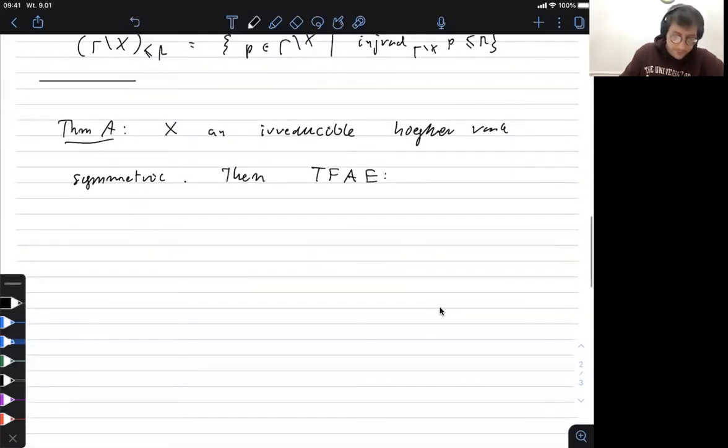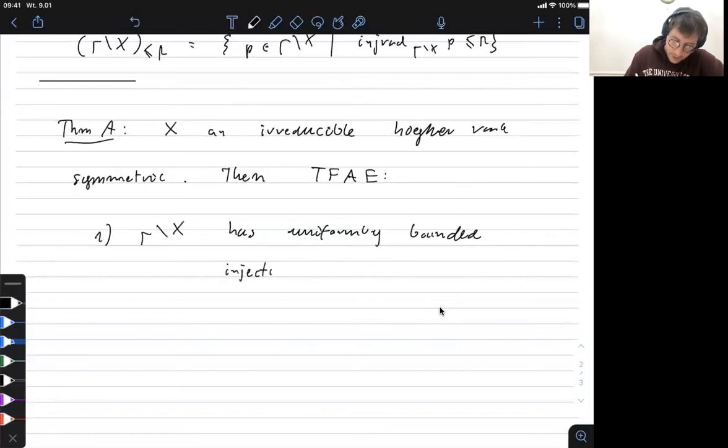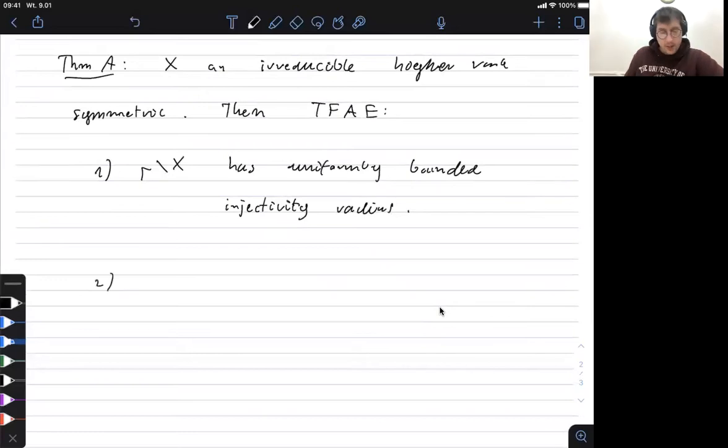One, this space X mod gamma has uniformly bounded injectivity radius, meaning that the injectivity radius at each point is bounded by some constant. And the second condition is that this space has finite volume.